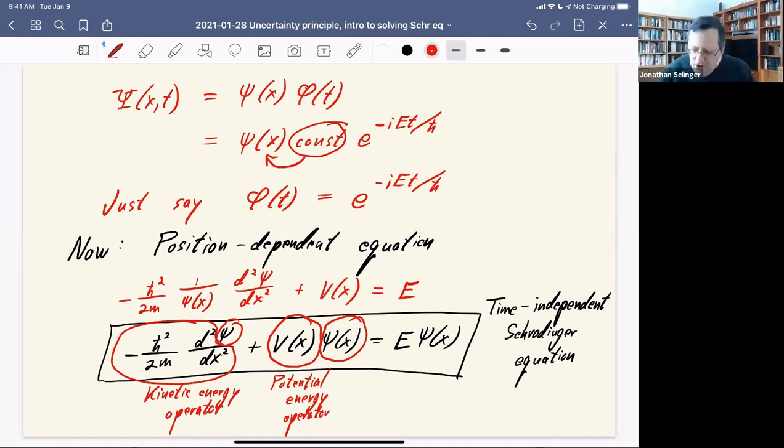Okay. So now the left side of the time-independent Schrodinger equation looks like the sum of two things acting on psi, a kinetic energy acting on psi and a potential energy acting on psi.